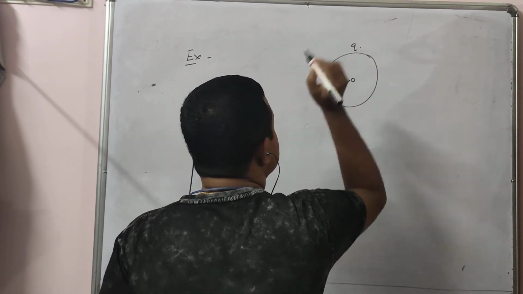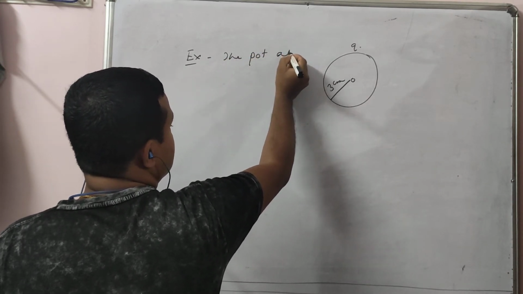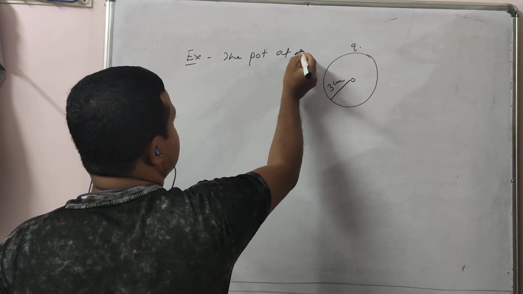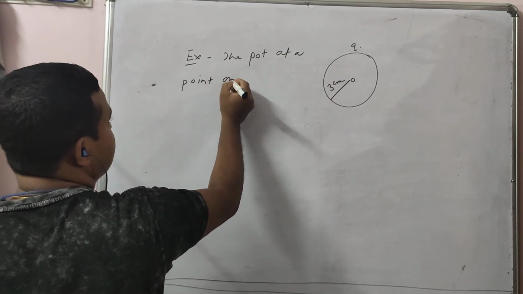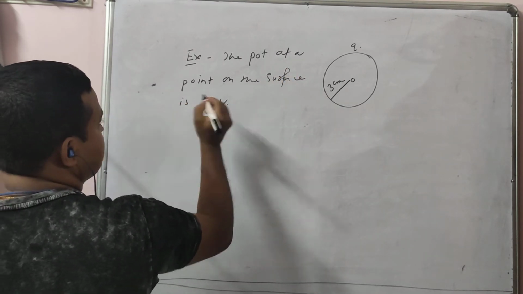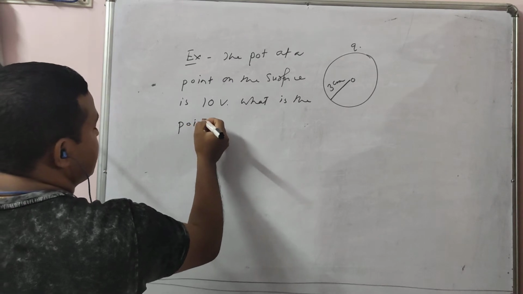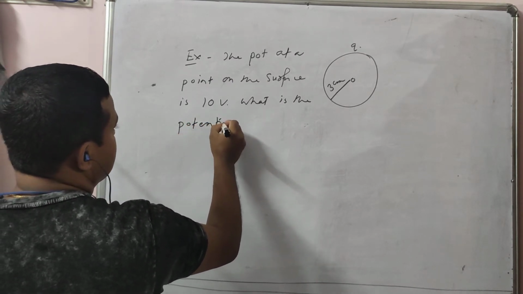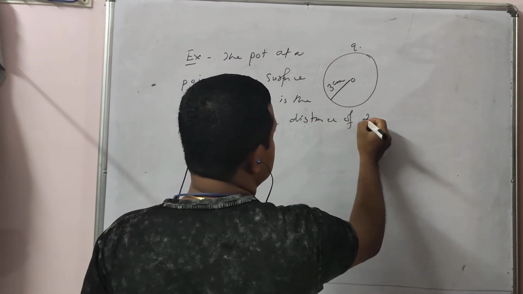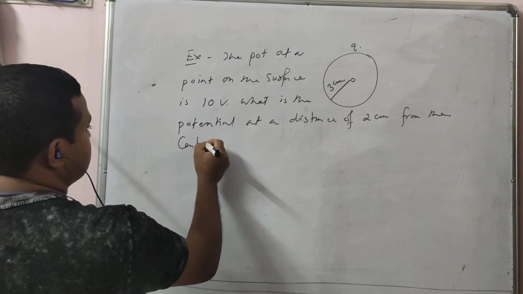So charge Q. Now it is given that the potential at a point on the surface is 10 volt, and you have to find what is the potential at a distance of say 2 centimeter from the center of the sphere.